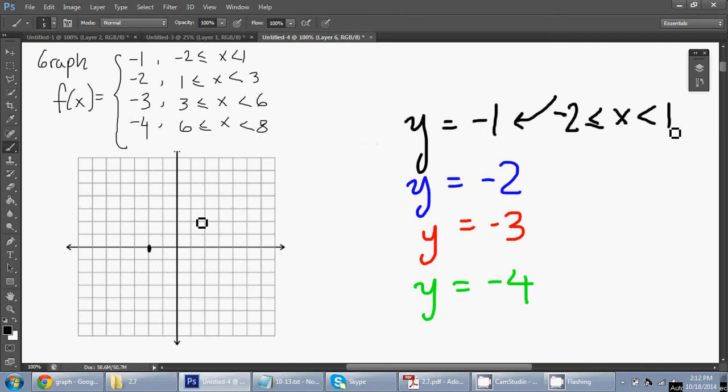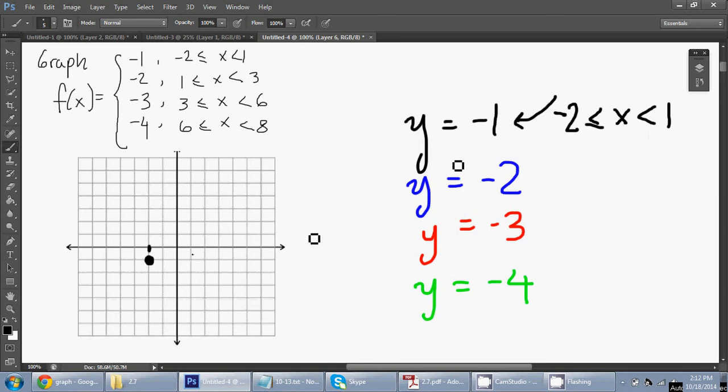So first let's go to negative 2 and y equals negative 1. So it says x has to be greater than or equal to negative 2. So I'm going to plot this and I'm going to color it in because there's an equal to. And then the second if says x has to be less than 1. So I'm going to go to x equals 1 right here, and then put a circle there, but it's going to be a hollow circle because there's no equal to.